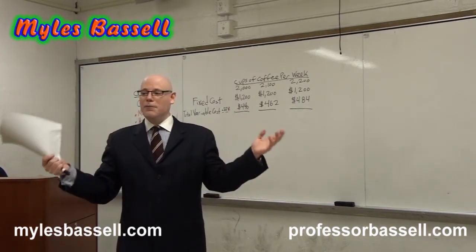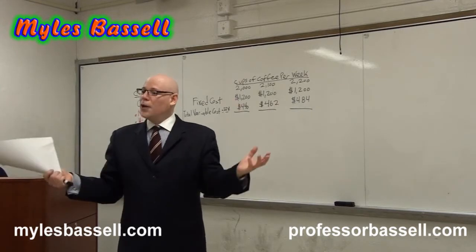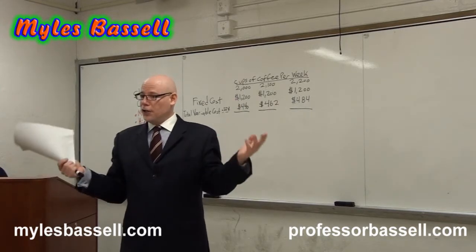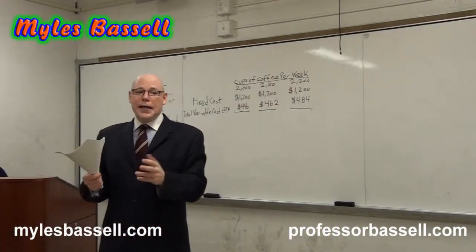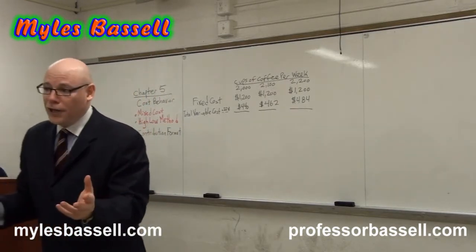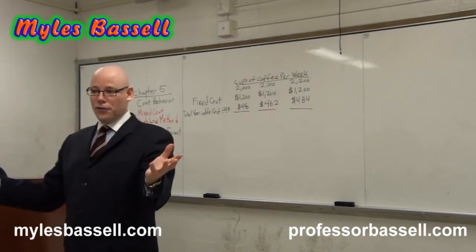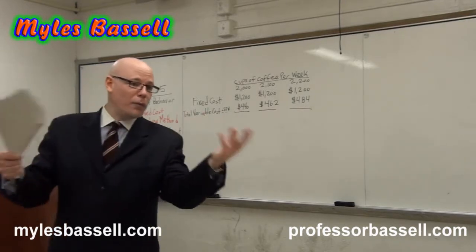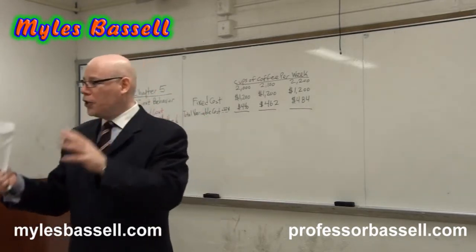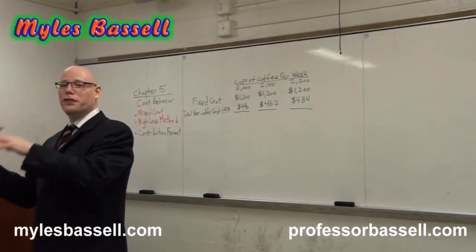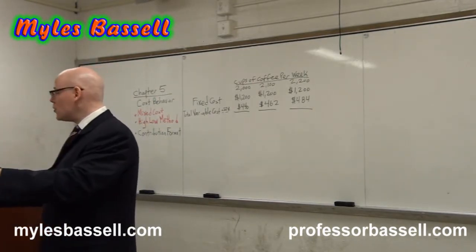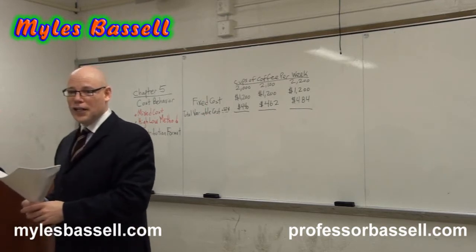So up until 25 million units, we're going to pay a certain amount for insurance. And that might be, let's say, $100,000 a year. That's what the company has to pay. And that's a fixed cost, right? Because we said that whether we make 1 million units, or 5 million units, or 10 million units, or 15 million units, our insurance is still $100,000 a year.